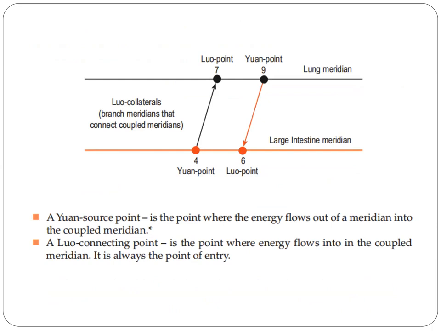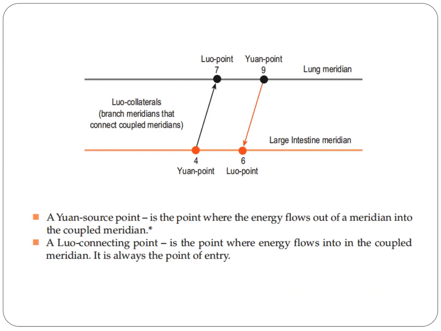A luo connecting point is the point where energy flows into the coupled meridian. This is the point where energy flows into the coupled meridian, and it is always the point of entry. So the luo connecting point is always the point of entry.